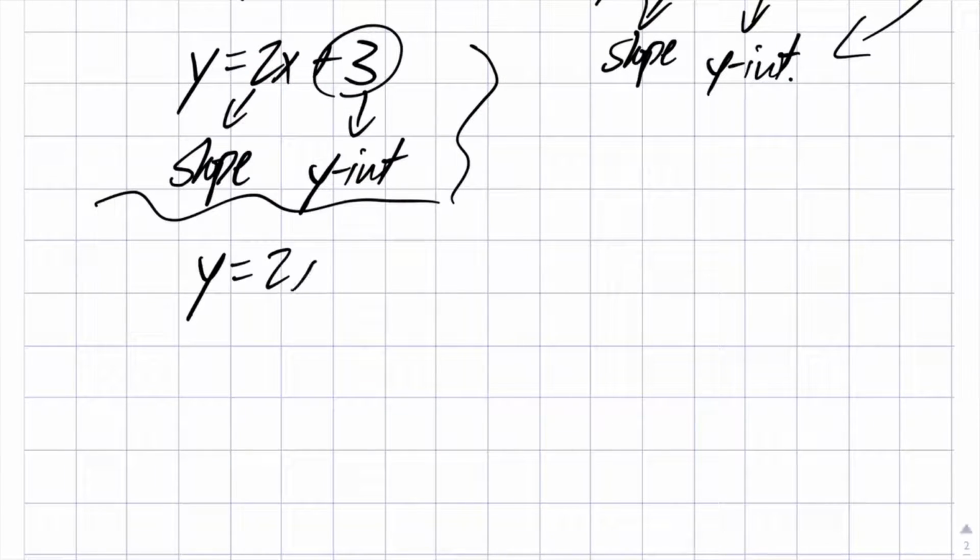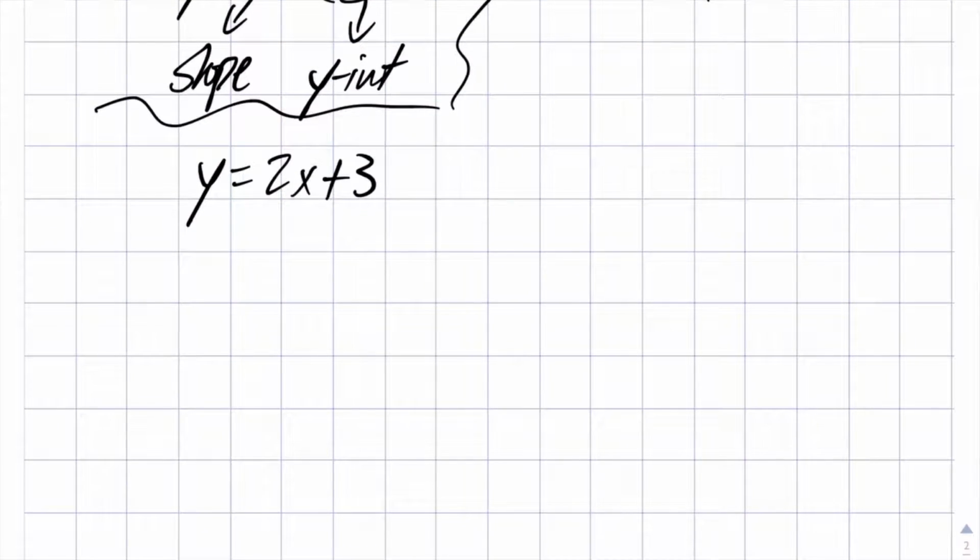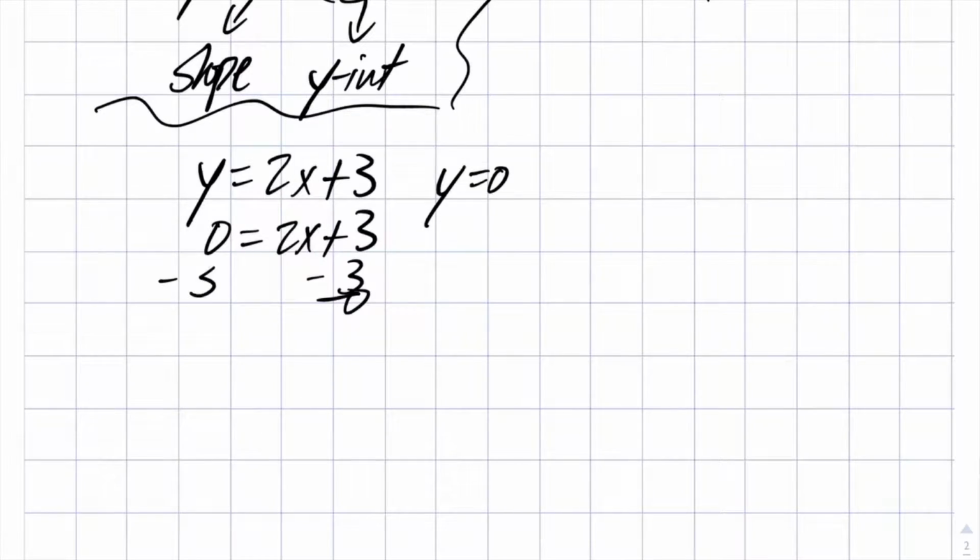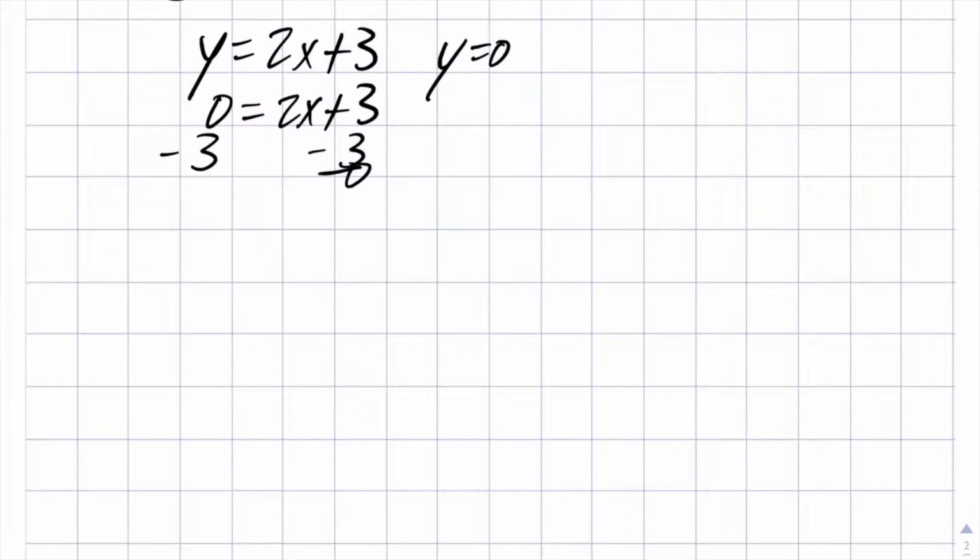y equals 2x plus 3. Let's go ahead and set y equal to 0. Okay? 0 equals 2x plus 3. Subtract 3 from both sides. Negative 3 equals 2x.